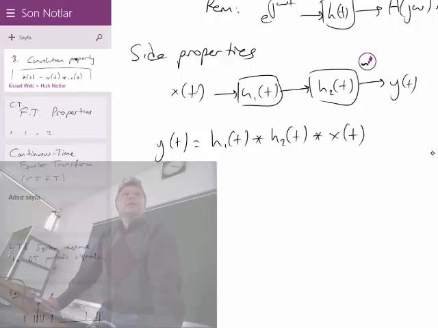And since convolution itself is a linear operator, it doesn't really matter which two things you convolve first. You can even interchange their places.